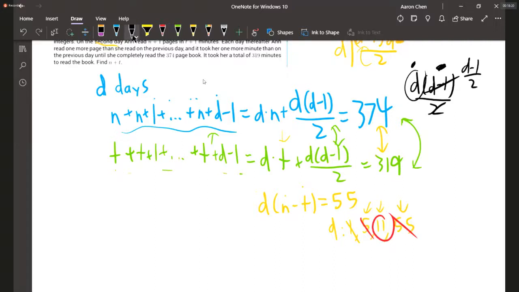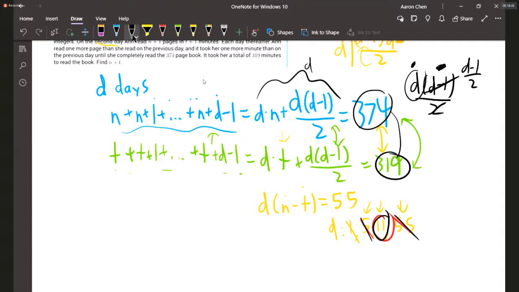And so that means that this sum is divisible by d. And so this number and similarly these numbers are all divisible by d. And neither of them is a multiple of 5. So we can rule out 5 and 55, and that just leaves us with d equals 11. Did you get that? Yeah, thank you. Okay.